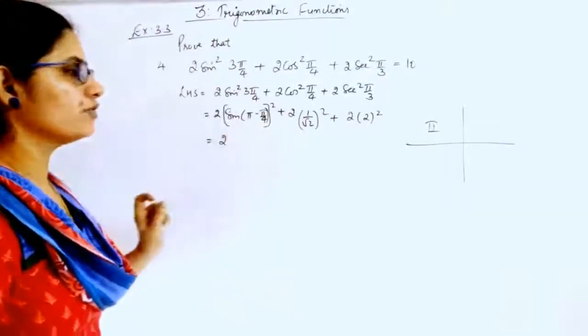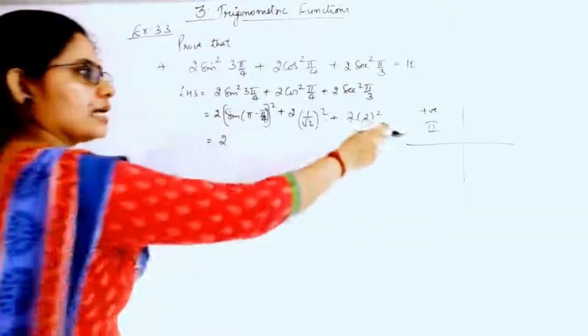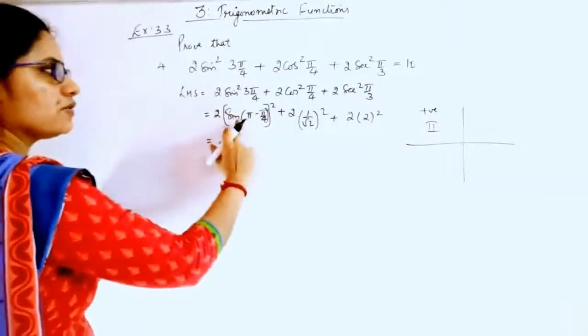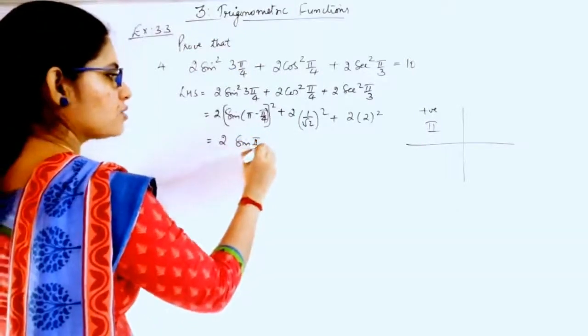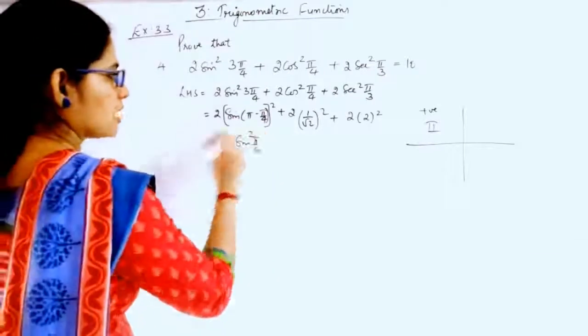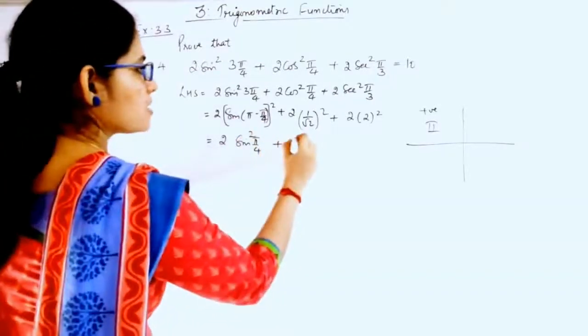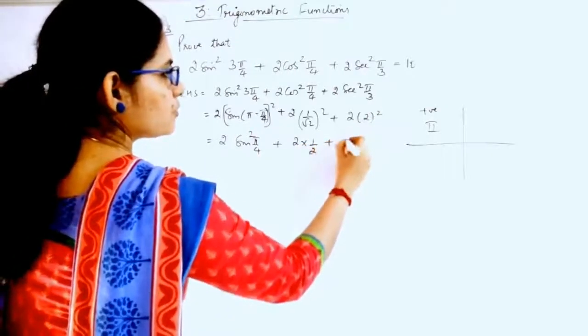Sine will be only positive there because sine and cosec are positive in the second quadrant. So again it is pi minus, which means it will have sine of the same angle together with positive sign because it is in the second quadrant. Okay, so it is sine square pi by 4 now. This is 2 into 1 by 2 plus this will give you 4, 8.